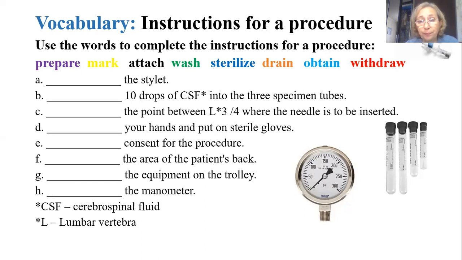All the sentences are mixed, and you can see some pictures that illustrate some words mentioned in these sentences. The words we need to use are prepare, mark, attach, wash, sterilize, drain, obtain, withdraw. Do we understand the meaning of all the words here?